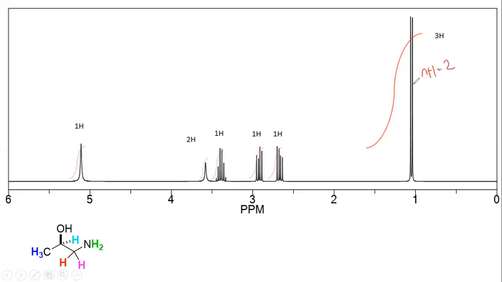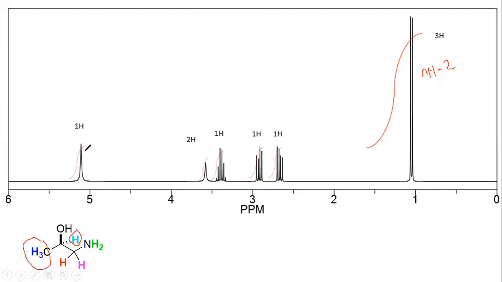It means that whatever protons are responsible for this signal have how many neighboring protons? 1. So you see the CH3 here has 1 proton next door, and so it should be split into a doublet. That's how we can match that signal with this CH3 with confidence. All right. Any questions about that signal or the NH2 or the OH?